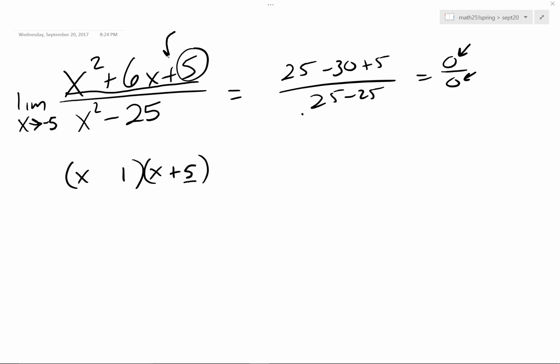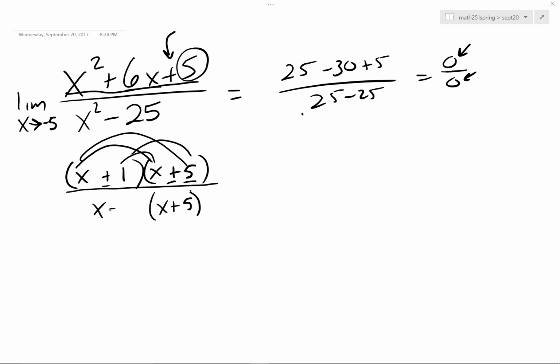Furthermore, notice that it is a positive 5, meaning that they both have to be both positive or both negative. But since this one's already positive, that one has to be positive as well. So x squared plus 5x plus 1x plus 5, which is (x plus 5)(x plus 1). Ta-da! On the bottom, we again know there has to be an x plus 5, and then you're like, oh, that's a difference of squares. Cool. There you go.